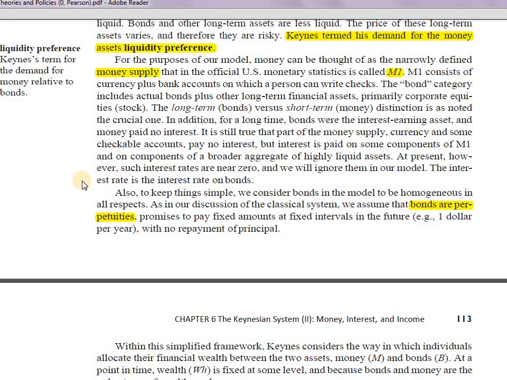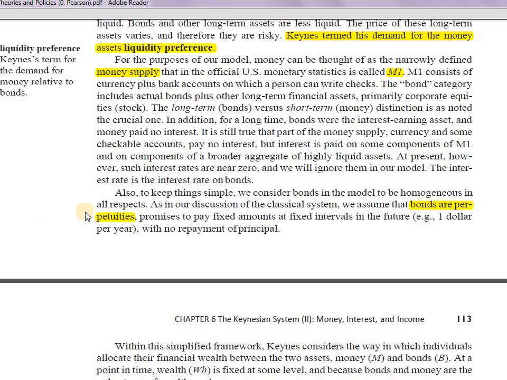M3 is M1 plus term deposits also, and M3 is broad money, because 3 is like B, so M3 becomes broad money. What is M4? M4 is M3 plus all the deposits of the post office, excluding national saving certificates. These components should be clear.